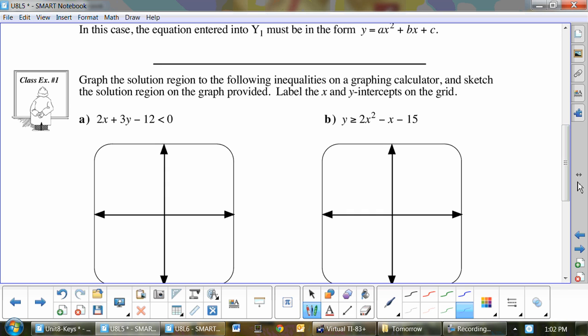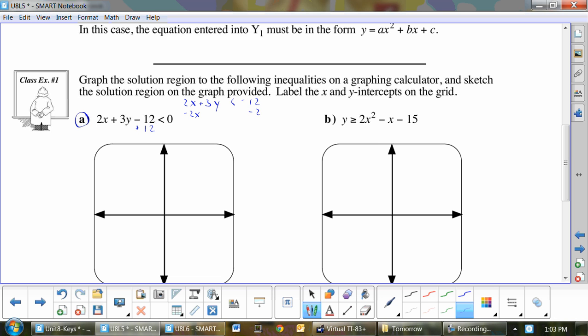If we go to example number 1, we remember that when we are graphing something, we always want to make sure that it's in the y form with the y by itself. Even if you get something that looks like this, you have to be able to put it into that form. So I'm going to add 12. We get 2x plus 3y is less than negative 12.